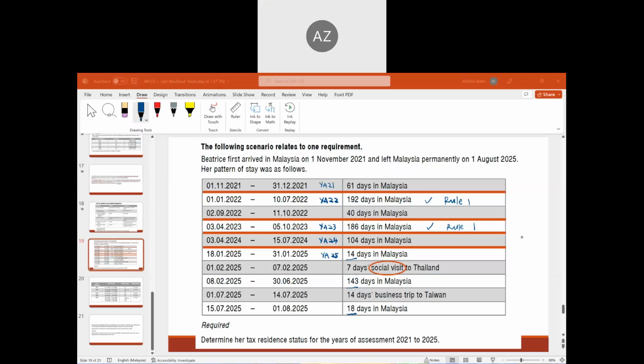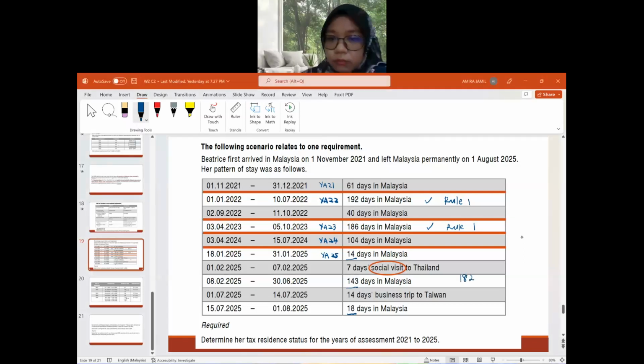Is it 182? 14 plus 143 plus 18. 175. Right? Yes, 175. We cannot add the days they are outside Malaysia. So this one we cannot add because they are outside Malaysia. So we cannot apply rule number 1 here.